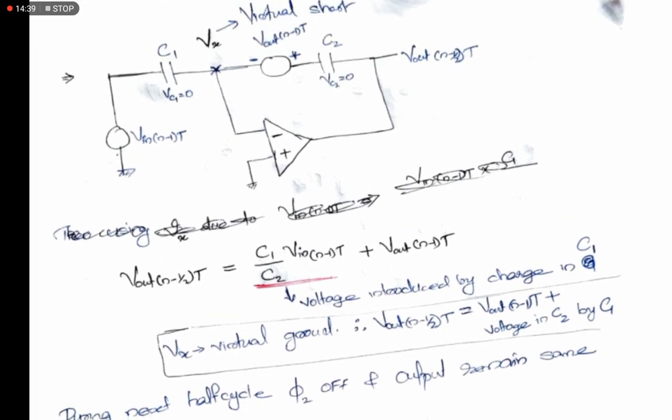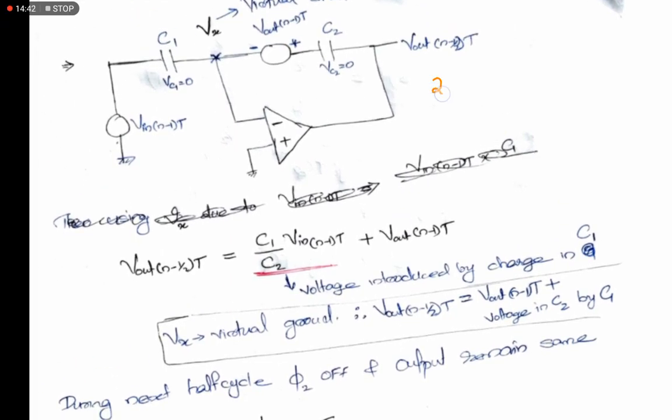During the second half cycle, the circuit looks like this. C1 has some voltage, V in of (n minus 1)T. Here the capacitor has no charge, because the capacitor charge is separated as a voltage source.